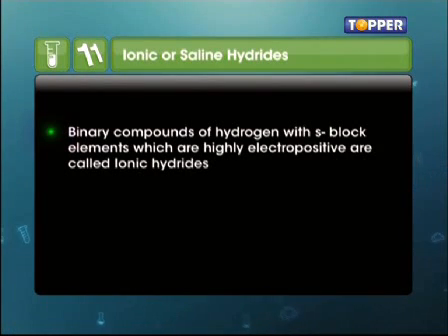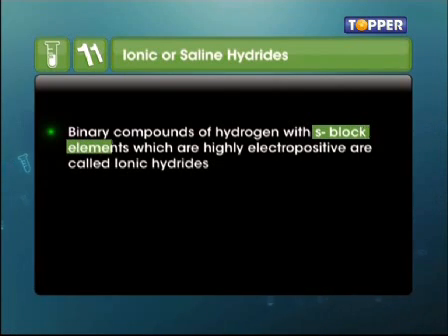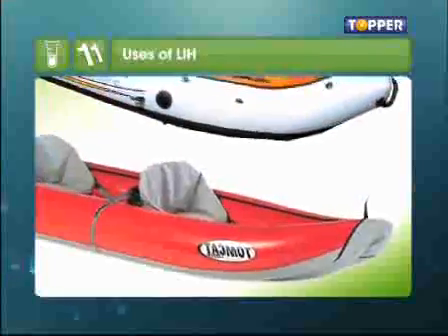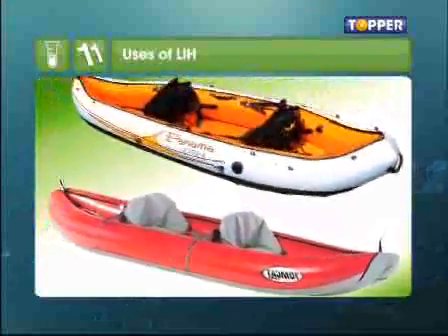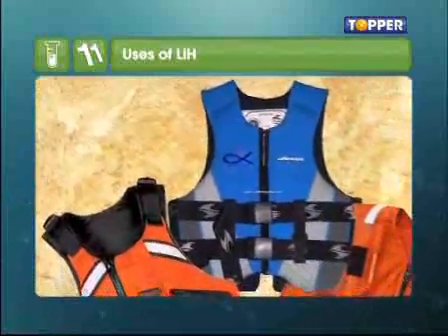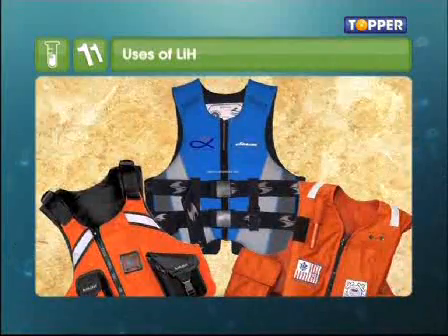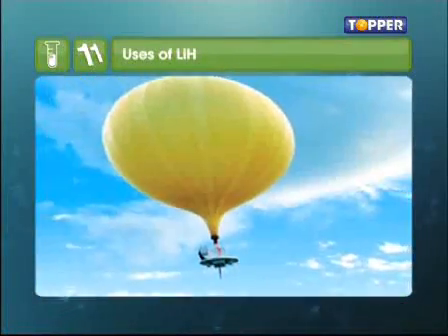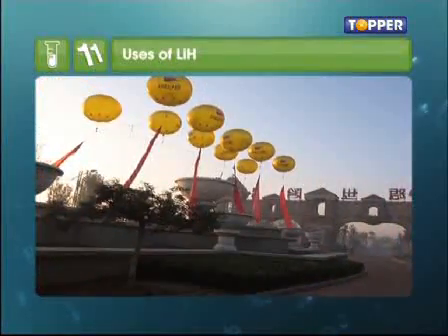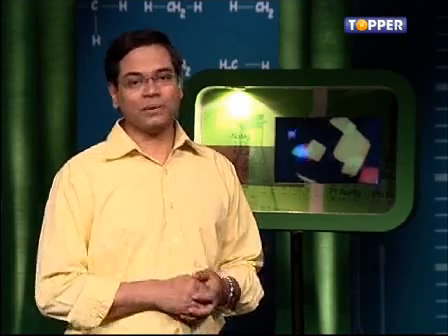Ionic or saline hydrides are the compounds of hydrogen with most of the s-block elements which are highly electropositive. For example, lithium hydride. Lithium hydride is used to inflate lifeboats, jackets, and also signal balloons. Isn't that great to learn?